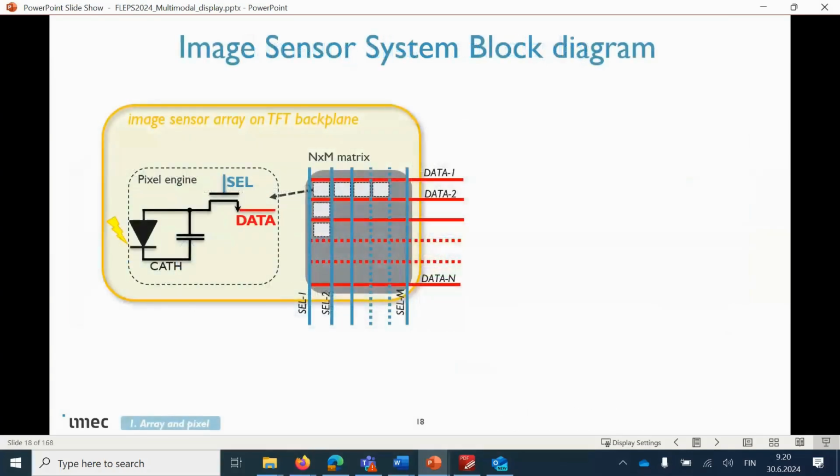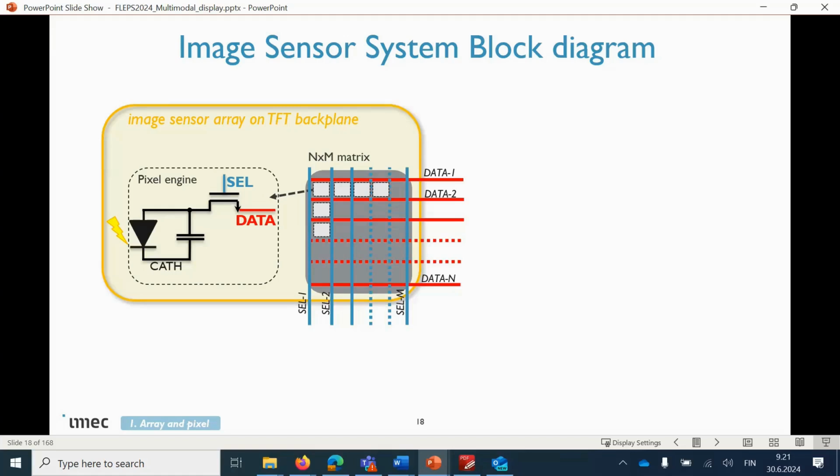But let's go a bit more technical now. We set the stage more or less. Let's go a bit more technical to see how this actually operates. You see here, I made a block diagram of an array. Usually we have multiple horizontal lines running through the array, metal lines that are, for example, the data lines, which is the lines that we will use to read out the sensors.